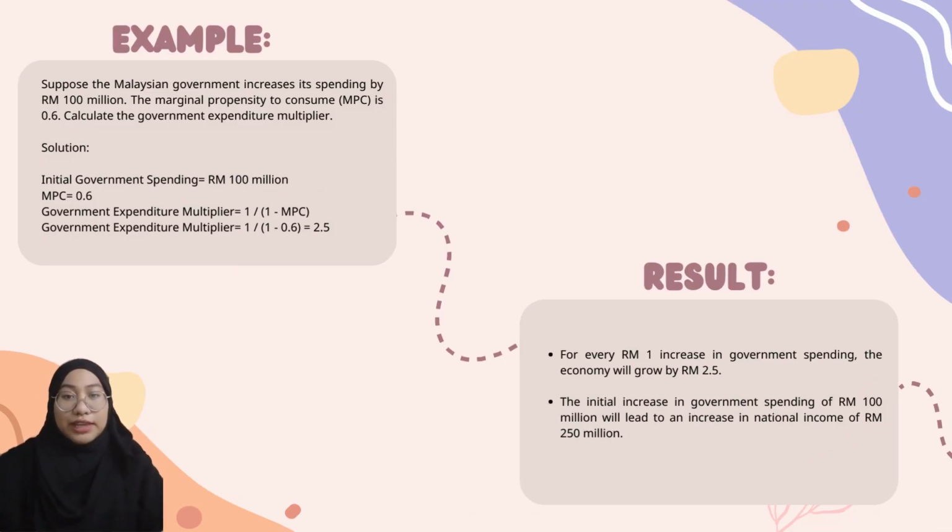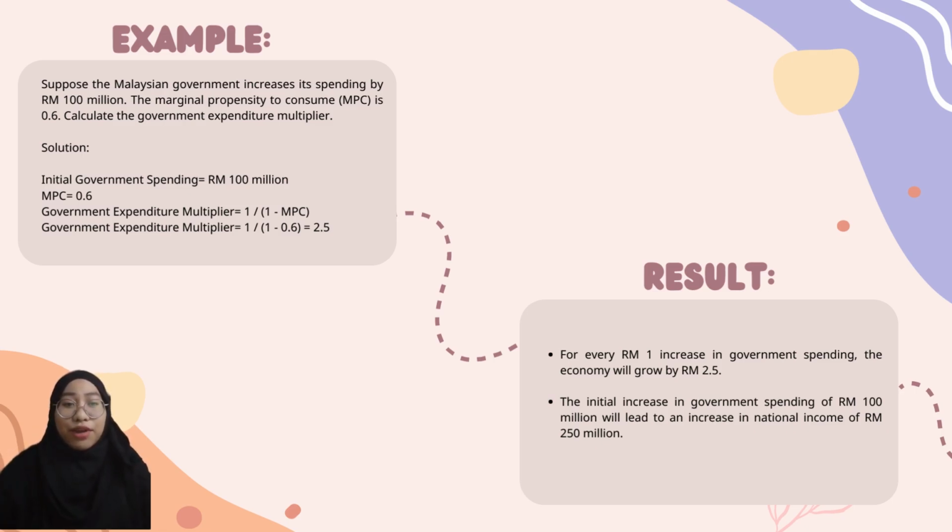Okay, so here is the example. Suppose the Malaysian government increases its spending by 100 million ringgit and the marginal propensity to consume, MPC, is 0.6. Calculate the government expenditure multiplier. So here is the solution: initial government spending is 100 million ringgit and MPC equals 0.6, and when we use the formula we will get 2.5.